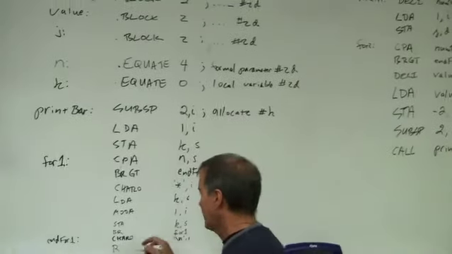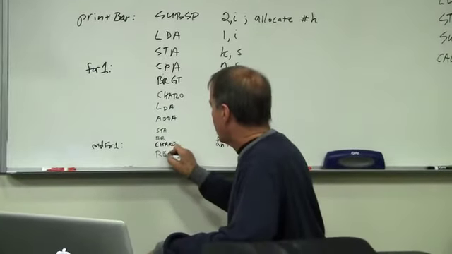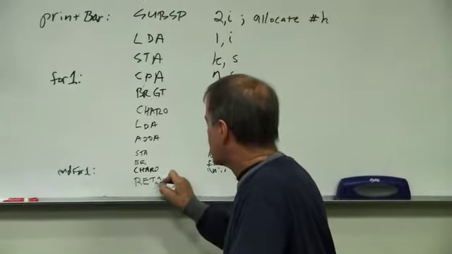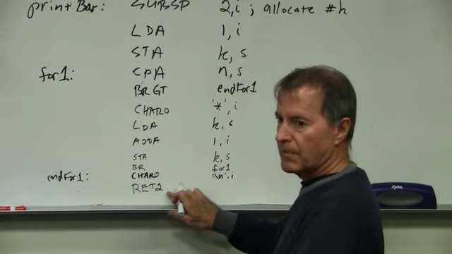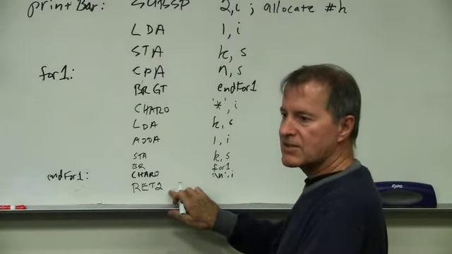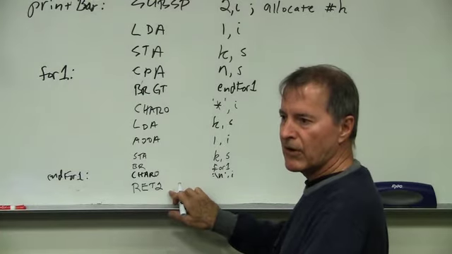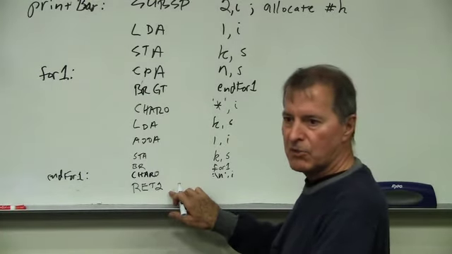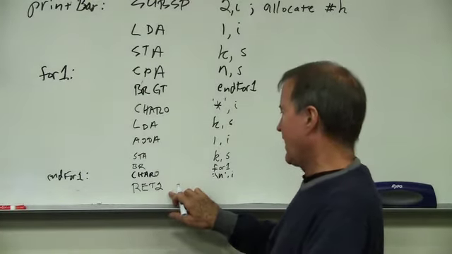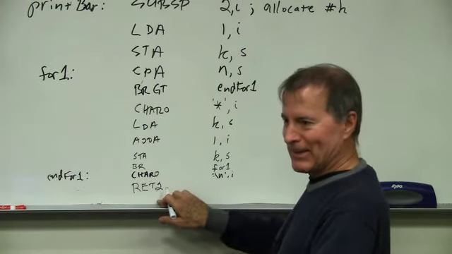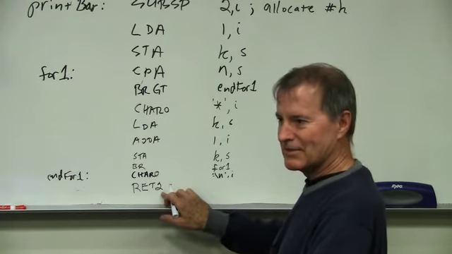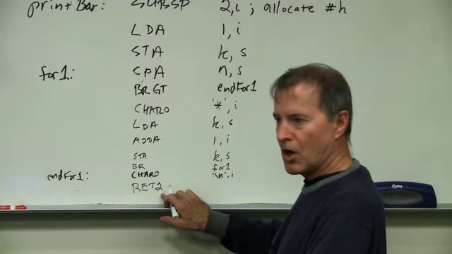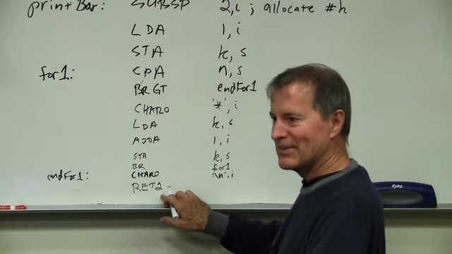Does everybody see why that's Ret 2 and not Ret 4? Because there's 2 bytes worth of local variables. Phew, I don't have to write another one, because this is the last one. Ret 2 does it.